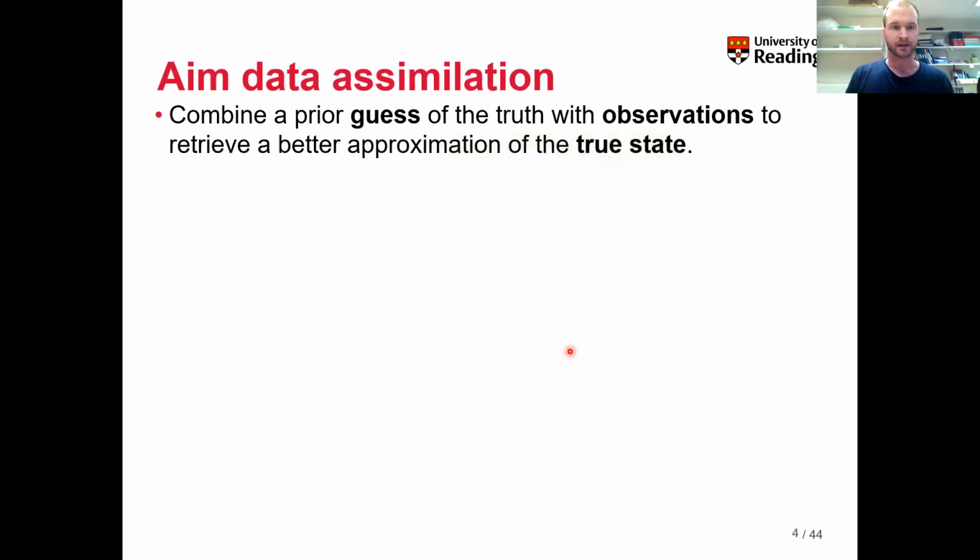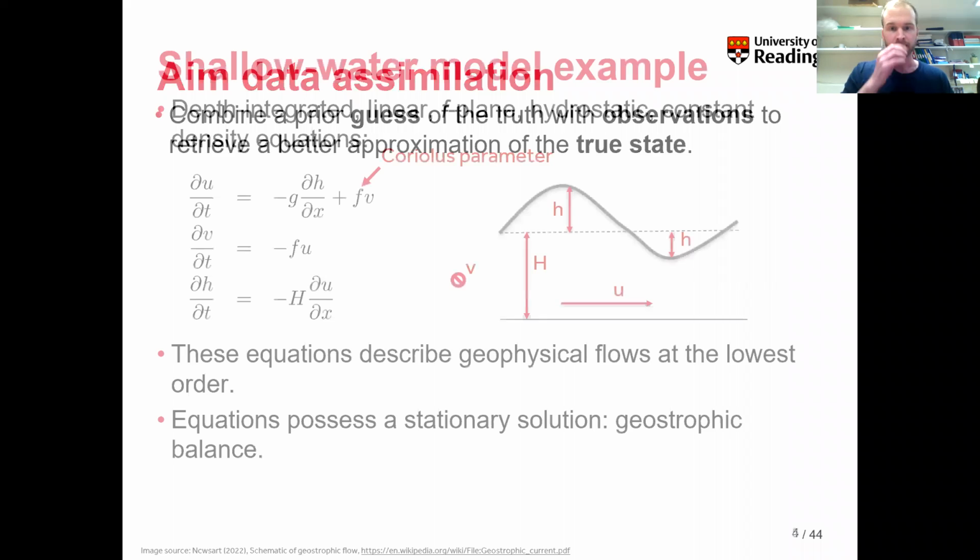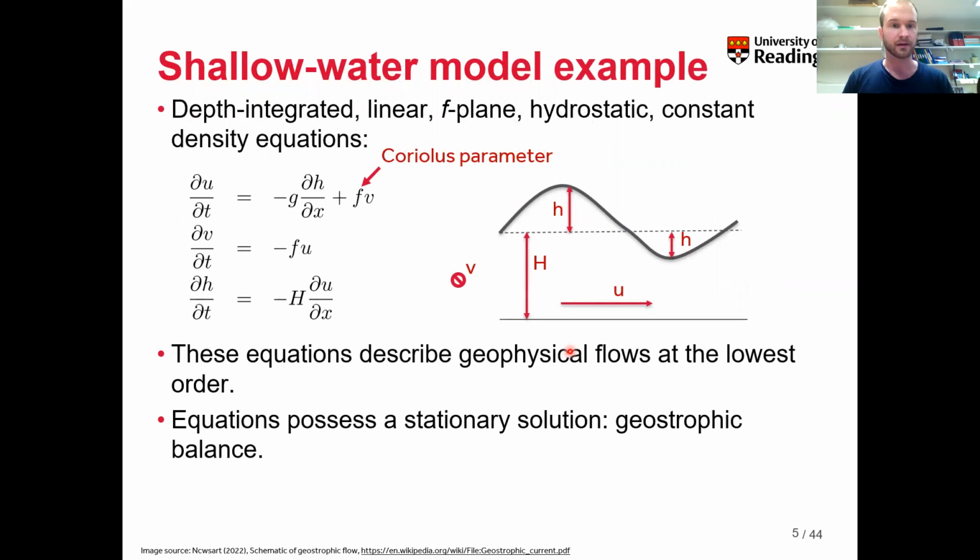So the aim of data assimilation is to reconstruct the unknown truth given some guess, usually derived from a numerical model, and some observations, usually sparse and noisy. Now, to illustrate how data assimilation works, I would like to show an example using shallow water equations.